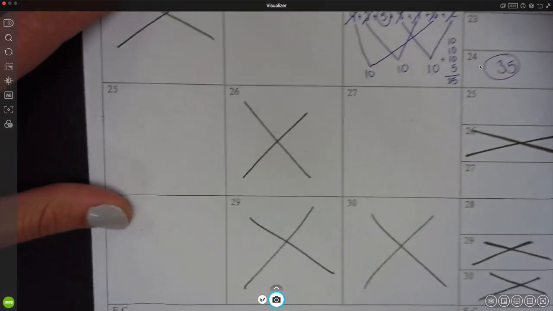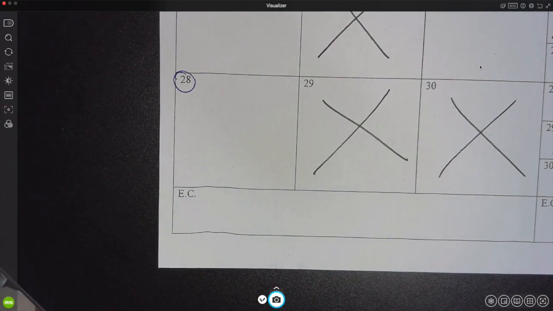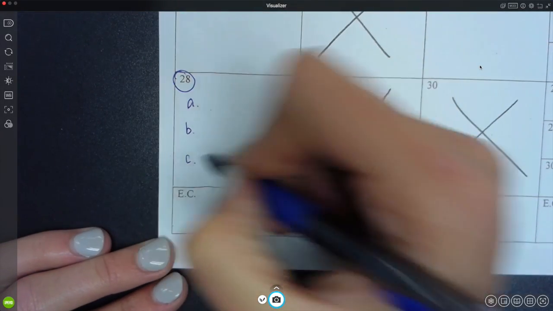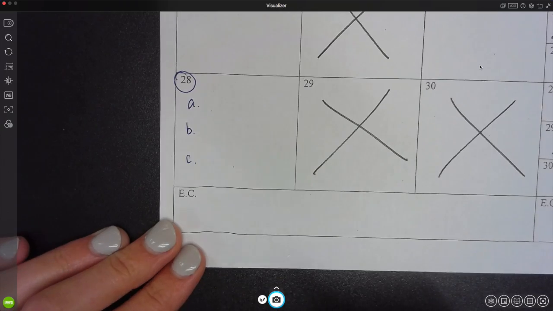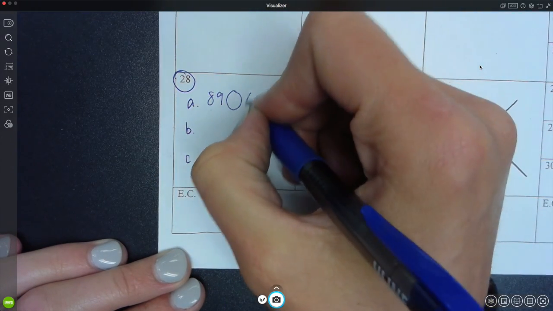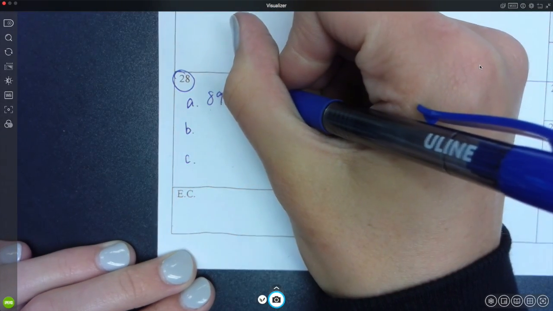And lastly, let's go down to number 28. 28 says compare. We've got 3 comparisons. So write A, B, and C. Our first comparison is 89 compared to 94. Sorry, it's a 9.